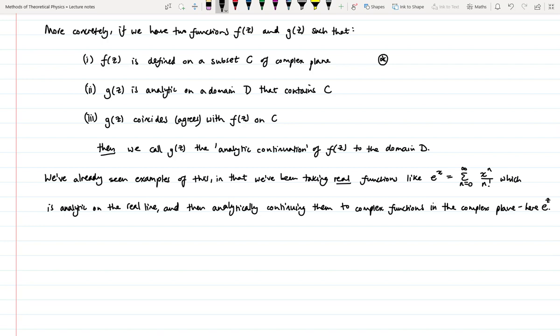And this is really important because it gives us a very useful way of approaching real integrals. And we can do that by considering the analytic continuation of the real integrand out to the complex plane. I'll write that down because this is the key of all that follows in the rest of this course. The take-home here is that this allows us to take a real integral.